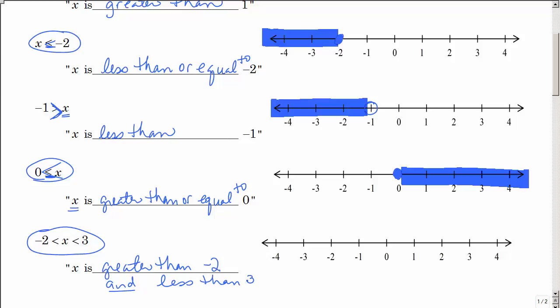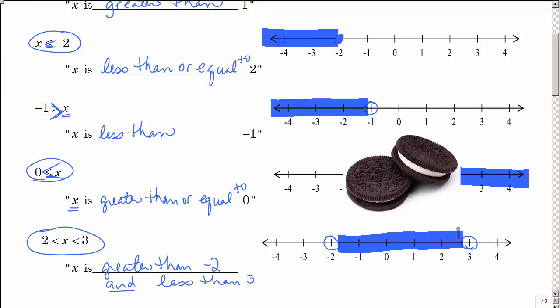Okay, greater than -2 and less than 3. Another way you could say is that x is between -2 and 3. So again, we don't have any of that equal to part, so I want open circles on both, and then x is between. I always think about an Oreo cookie, which I just love, and so x is the stuffing in the middle, and then your -2 and 3 are the cookies.